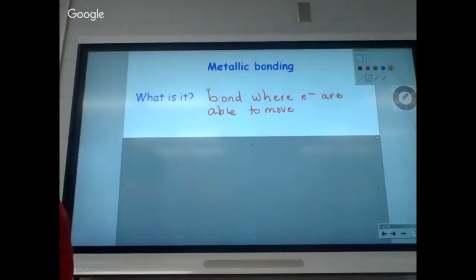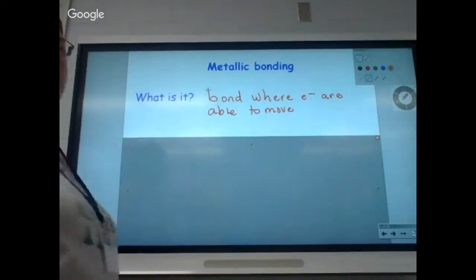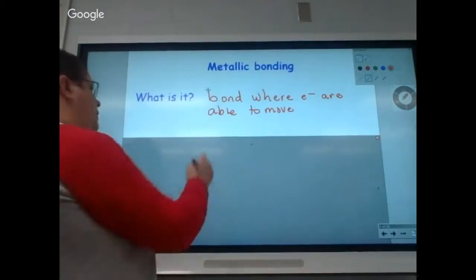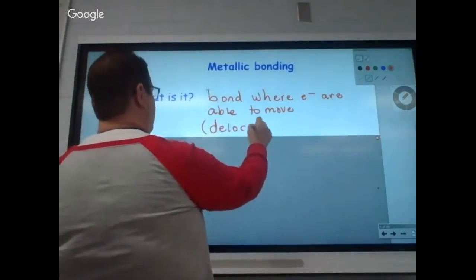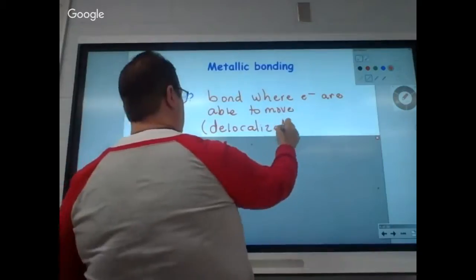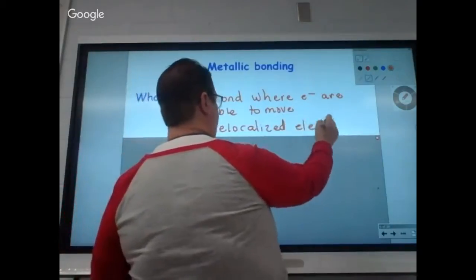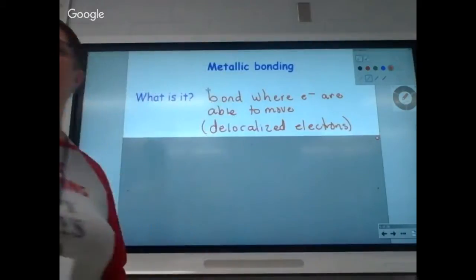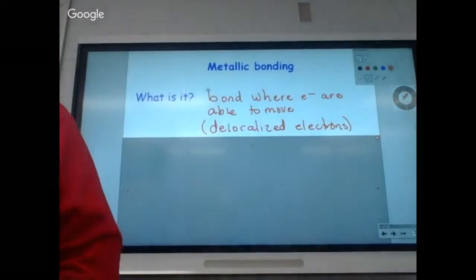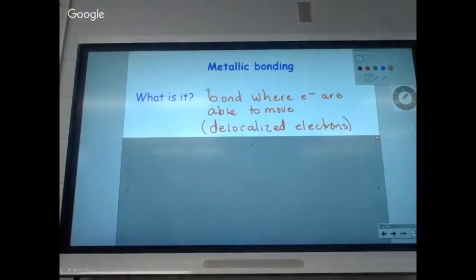We use a really fancy word here. These are called delocalized electrons. Essentially, the electrons are not attached to the atom. They're able to travel throughout the metal.